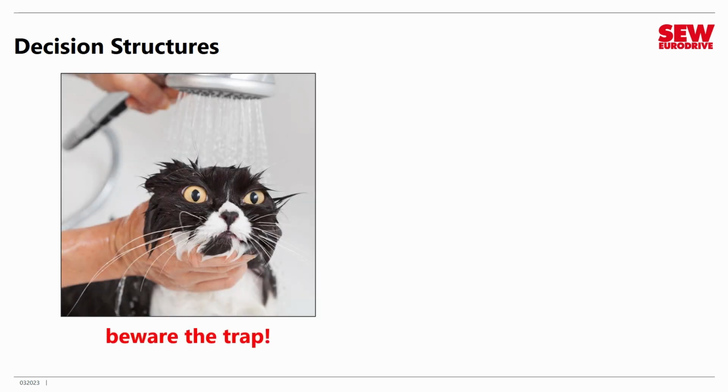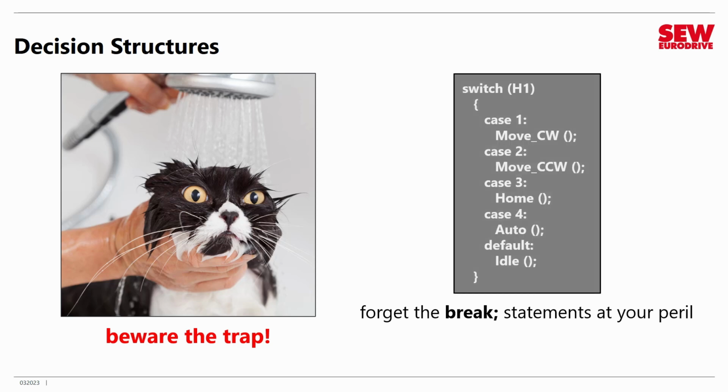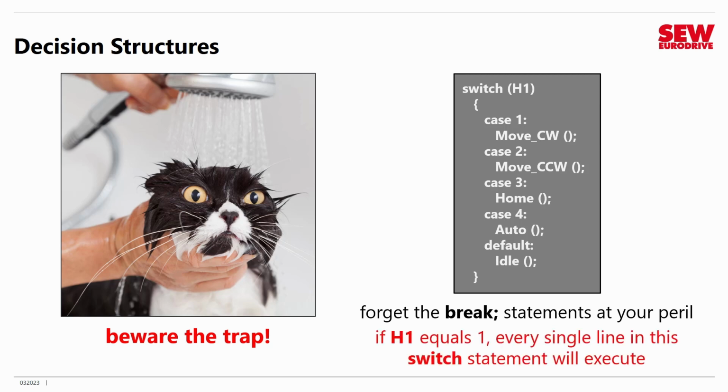All right, now, one thing to think about, beware another trap. We don't want to get caught in this one. Forget the break statements at your peril. If you forget a break statement at the end of each case, you could have some very weird things happen. For example, look at this code. Notice I have left the breaks out from every single possibility. All right, what's going to happen? Well, let's say if h1 equals 1, so it's the very first case, guess what will happen?